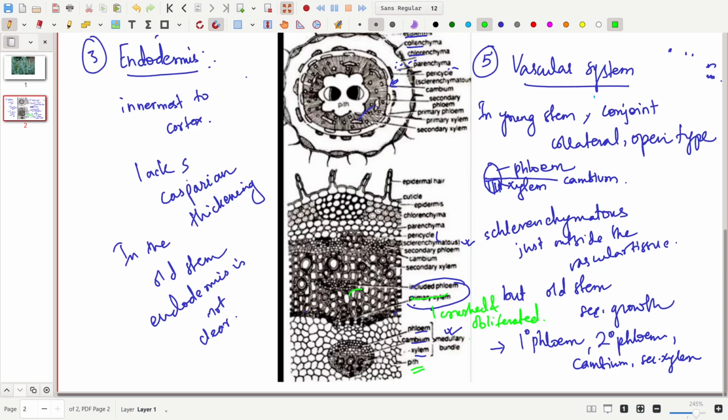In the conjunctive tissue, they are present in groups as included phloem. Actually, the phloem is outside the xylem in the normal case, but in the case of included phloem, it is inside the secondary xylem. Included phloem is also known as interxylary phloem.